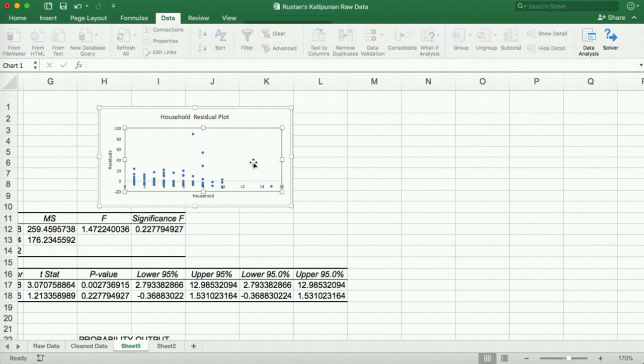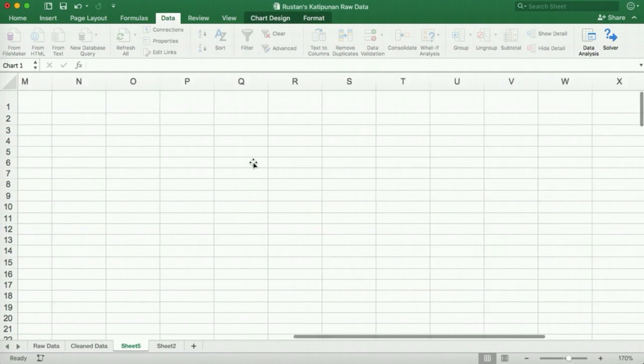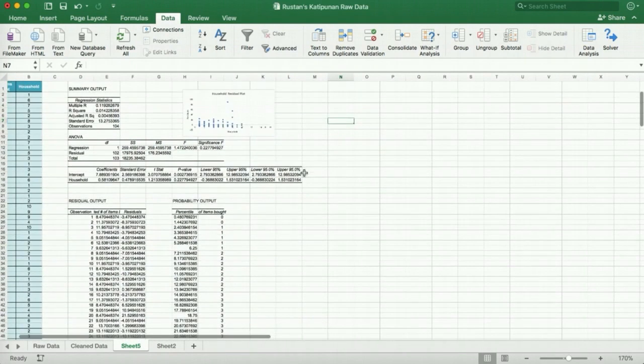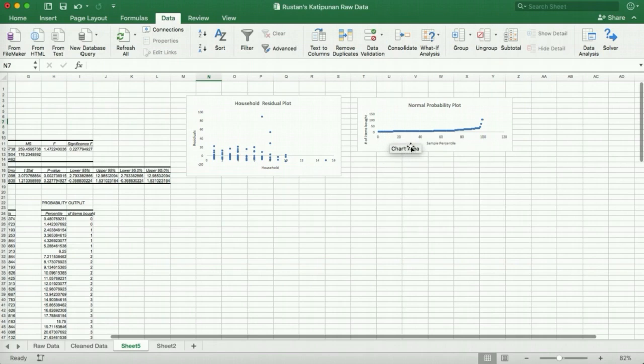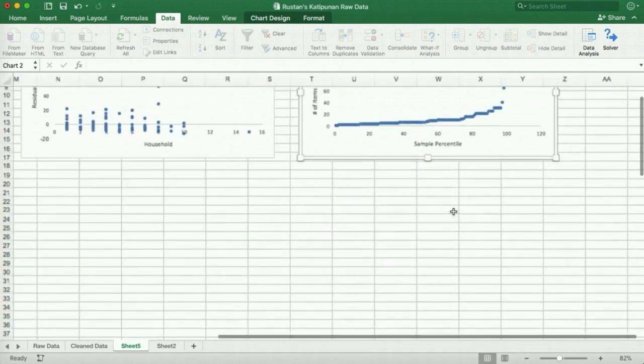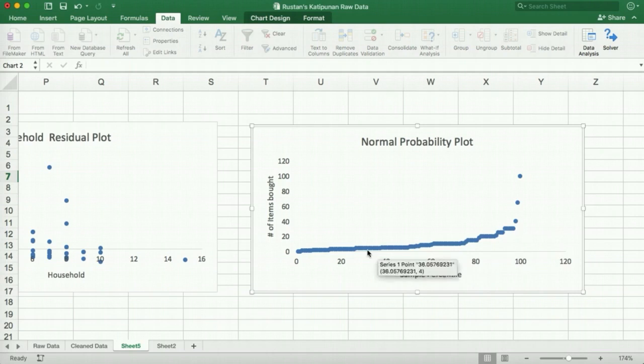So more or less, the constant variance assumption is still satisfied. Now for the normal probability plot, if we now look at it, it now looks more acceptable except for a few outliers.